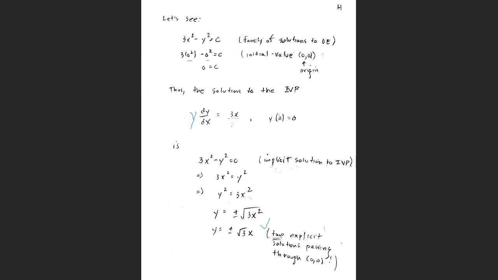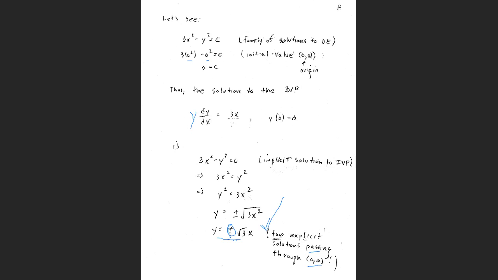So we end up here. We solve for y to get the explicit solution, and look what happens. We get two solutions, and both the solutions pass through the origin. Both of them. The plus and the minus work here.